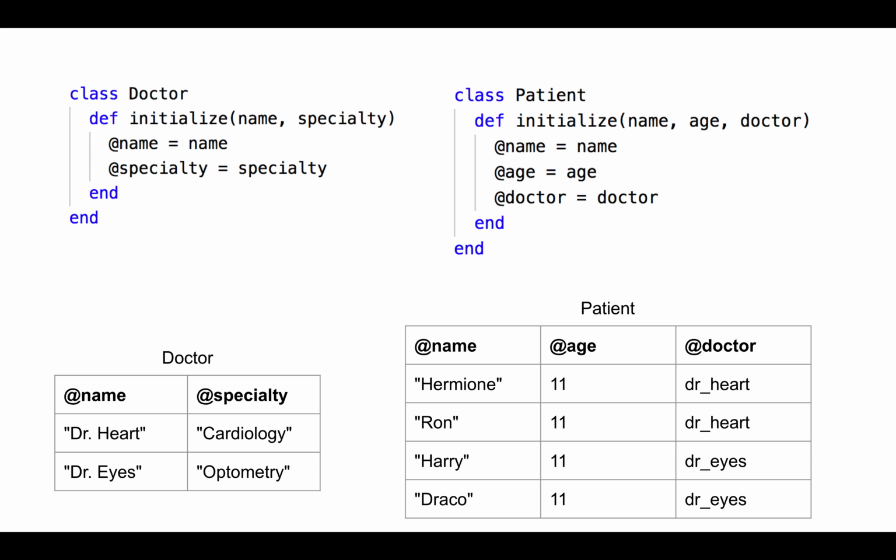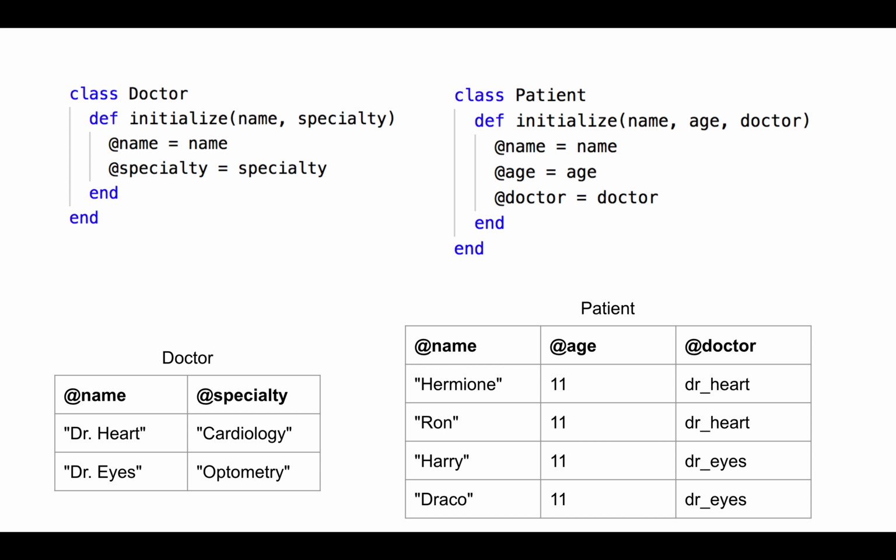Well, let's see what that looks like in a database. So a doctor is initialized with a name and a specialty. What that means is we'll probably have a doctor table or a spreadsheet that says every doctor row is going to have a name and specialty. What about patient? What is patient going to look like? Well, a patient is initialized with a name, an age, and a doctor. So that means a patient is going to have a name, which is a string of Hermione, Ron. A patient's going to have an age.